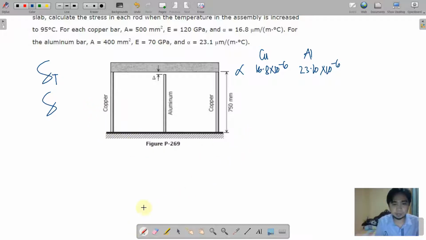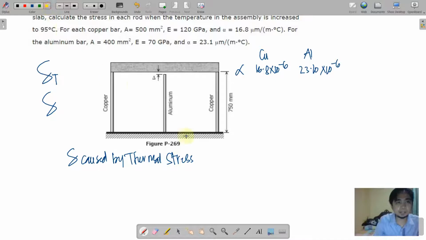With this, let us now compute the deformation caused by temperature change, or thermal stress, on the premise of the initial temperature of 10 degrees increasing to 95 degrees Celsius, which is the final temperature.